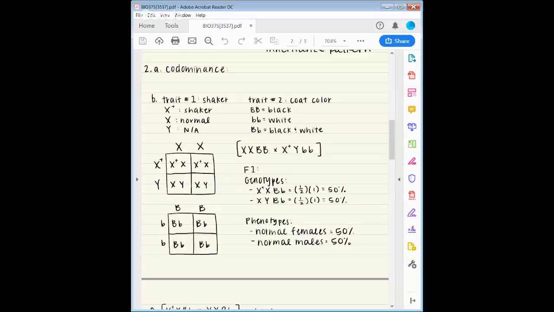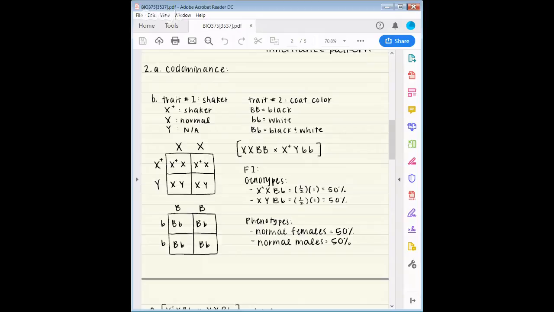For A, based on what we have learned in class, what inheritance pattern best describes the coat pigmentation trait in mice? I said codominance because the heterozygote has both black and white spots, so they're both present. Incomplete dominance would be where they were gray, in between. But since they were both present, I said codominance.